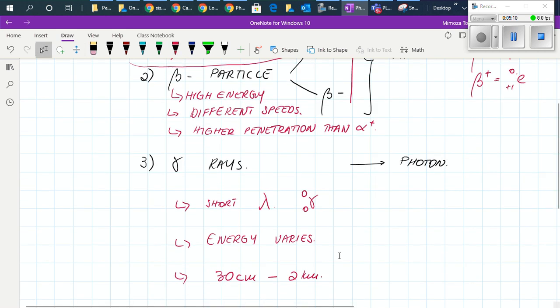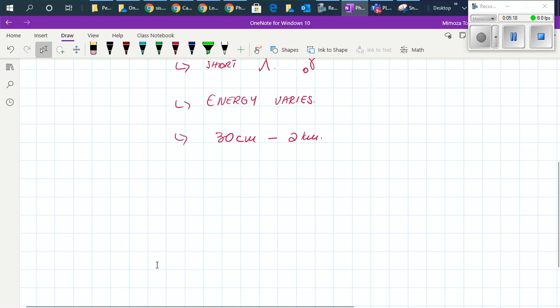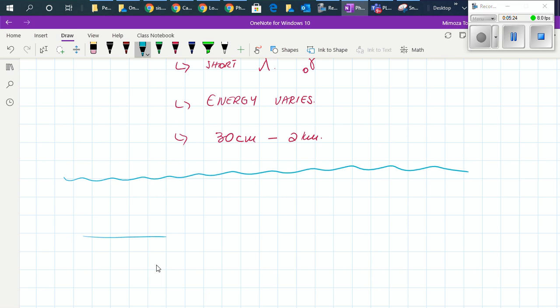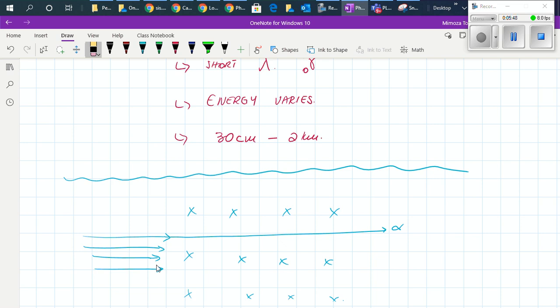A very simple method to identify and classify those is when we put them through a magnetic field. Let's suppose that they are coming into a magnetic field that is into the page. Then gamma ray, having no charge, will go straight.